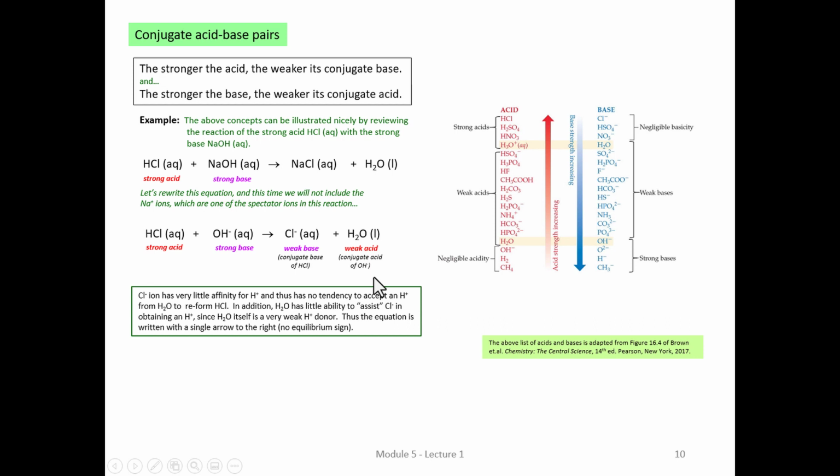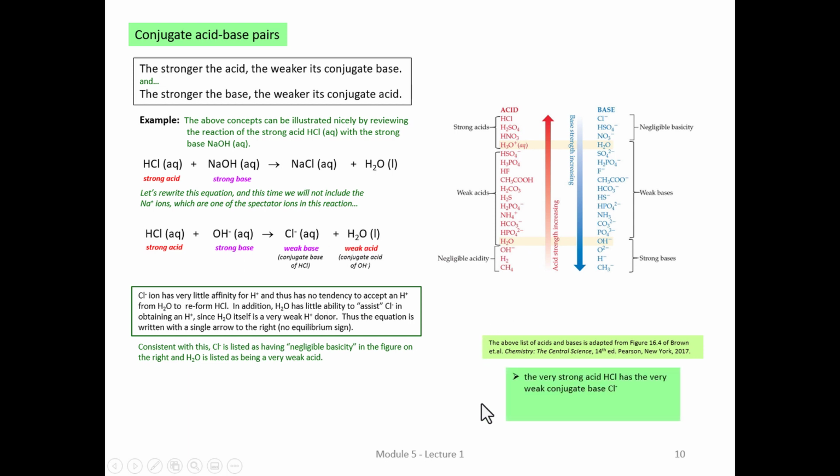Again, we can use a table like this to tell us that. Consistent with what's on the table, chloride, listed as having negligible basicity, is on the right here, and H2O is listed as being a very weak acid. There's no tendency for this reaction to go backwards. Let's talk about a couple other things regarding this reaction. The very strong HCl, right here, has the very weak conjugate base chloride.